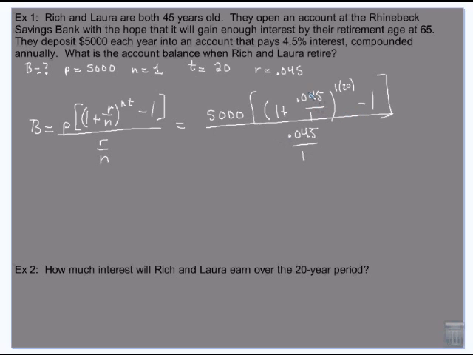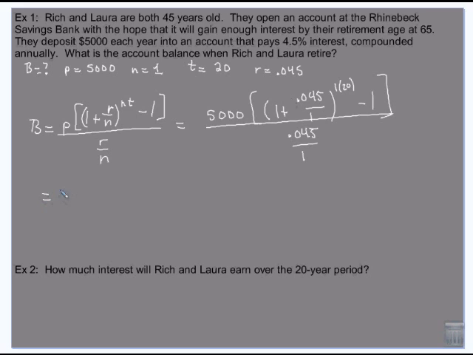Now, order of operations is very important here. This division first, then add 1, then raise it to a power, then subtract 1, then multiply by 5,000. Okay, so we work inside to out.